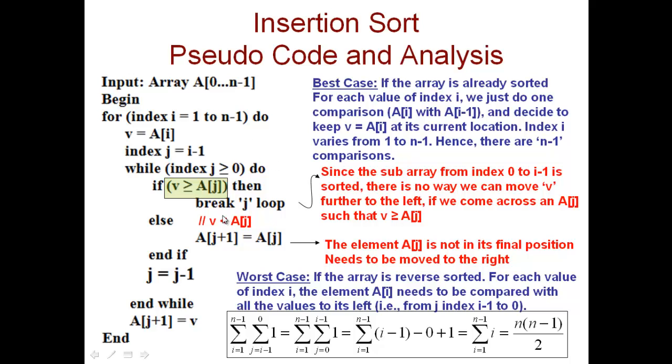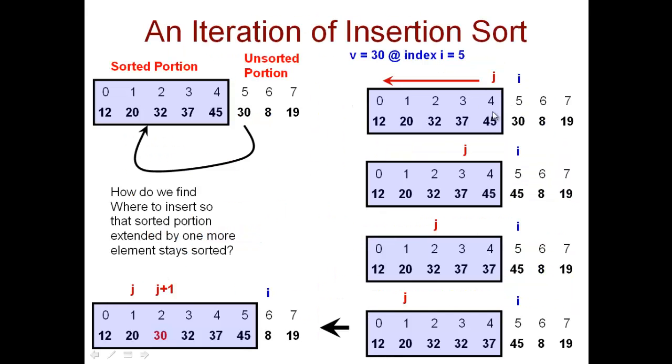Okay, so look at this example here. a of j is 45, right? If 45 is greater than 30, that means this is not the final position of 45, because 30 was picked from something to the right of 45, and we see 45 is greater than that element. So we have to make a copy of 45 to its right and then move to the left, isn't it?